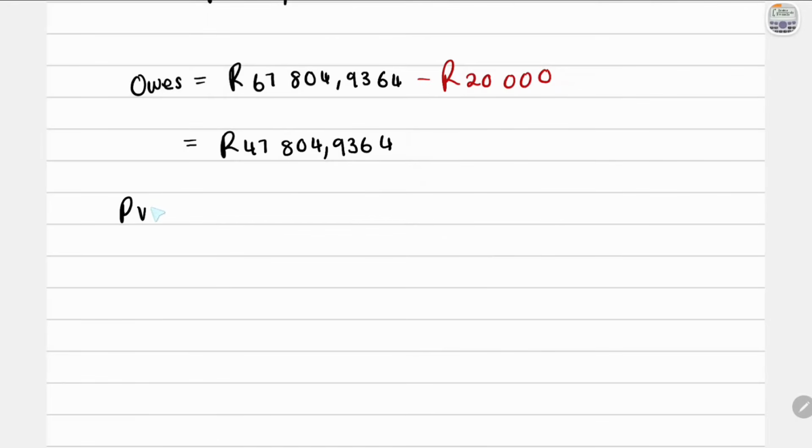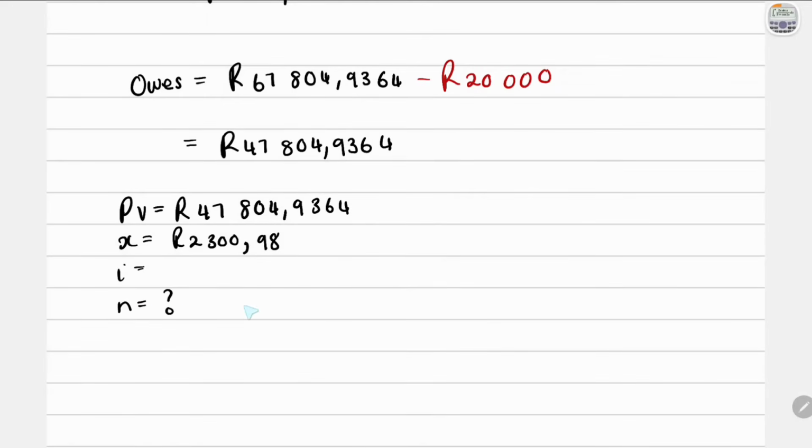So with our new present value, the loan amount, the money that he owes right now is 47,804.9364. And then the installment amount is still 2,300.98. And then the interest, of course, is still the same, but the N is what we're looking for. That's the only difference now.